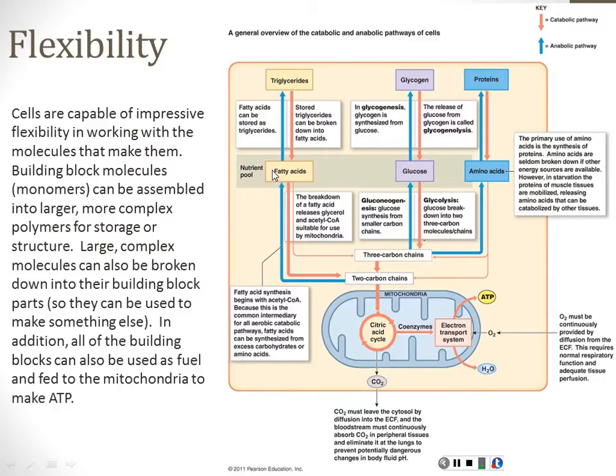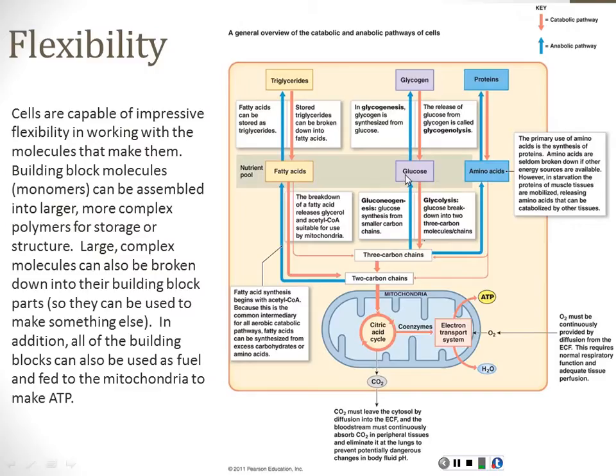We'll talk a little bit about that later. We can build glucose as well. One of the ways we can turn fat into sugar is we break the fat down into 3 carbon chains, stick them back together, and make glucose out of it. Kind of a neat trick.